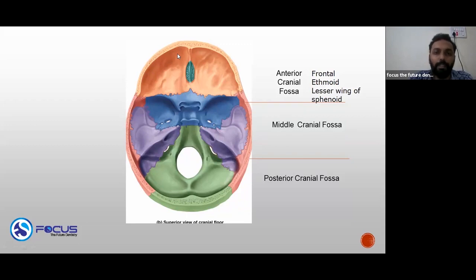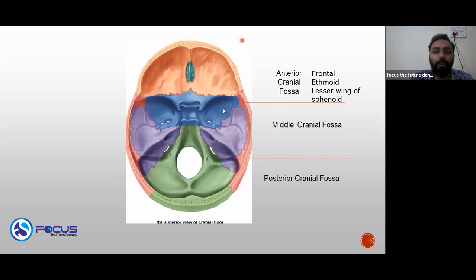Now this entire big one is the frontal bone. This is a part of frontal bone, and just below this part lies your eye. So this is the area which forms the roof of your orbit, and this is ethmoid bone. This ethmoid bone is present just behind your nasal bones. And also this lesser wing of sphenoid. These are the parts of your anterior cranial fossa.